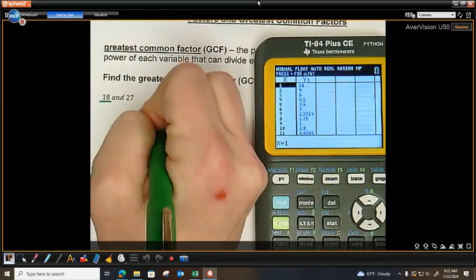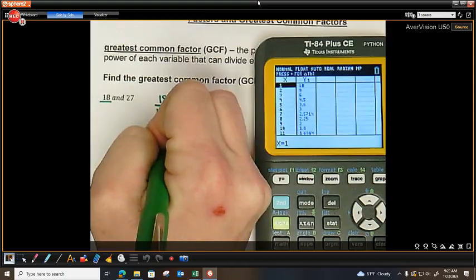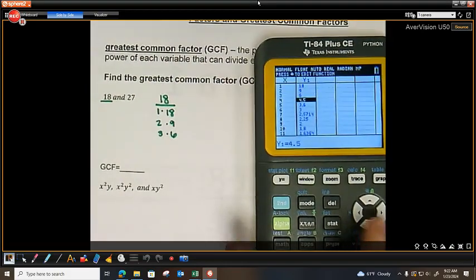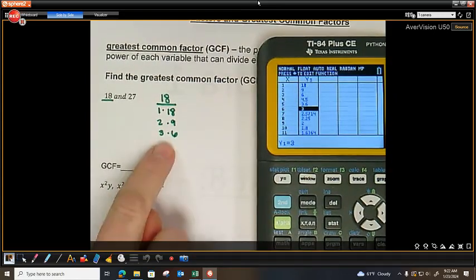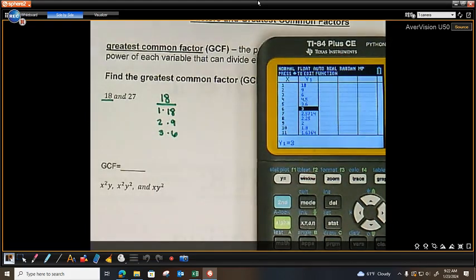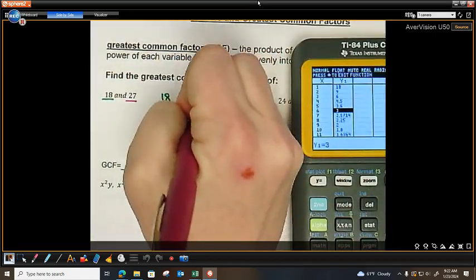So second graph, we always start at 1. So I have 1 times 18, 2 times 9, 3 times 6. Then I get a decimal, and then 3 times 6. I already have 3 times 6 on my factor pair list, so am I going to write it out again? No, good job. Now I'm going to list out factor pairs of 27.